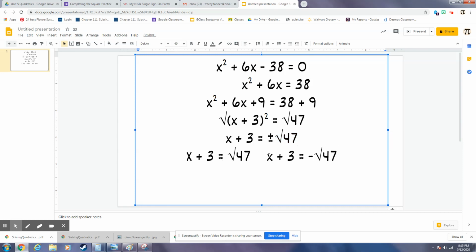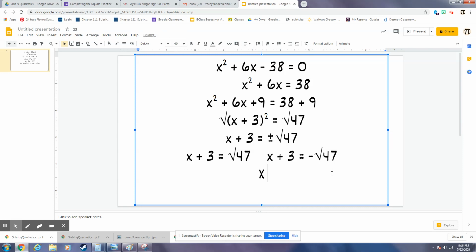Okay, so for this problem, I'm going to go ahead and get decimals. Sometimes they leave them as radicals, and we'll talk about that later on with the next kind of method we're going to use. But for now, I'll get a decimal, and the square root of 47, get my handy dandy calculator here, square root 47 is 6.855, etc. So I'm going to call that 6.86.